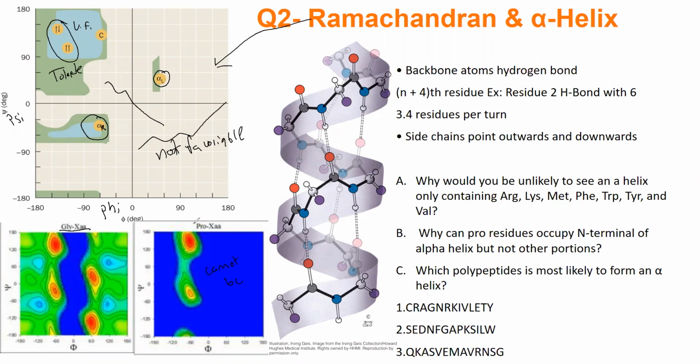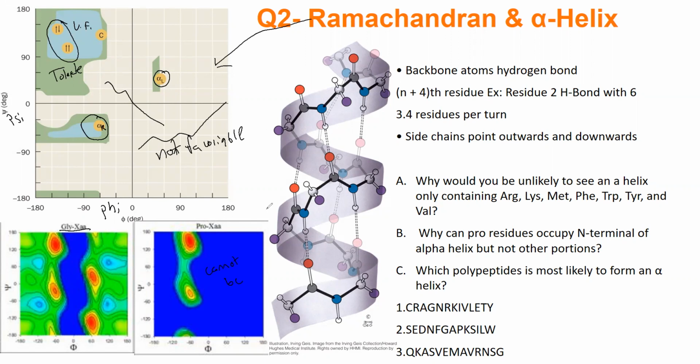Proline has a lot less flexibility than glycine, which makes sense. Glycine is the most flexible amino acid because it just has a side chain of hydrogen. So you can adopt many different phi and psi combinations. Proline is bound to its own backbone, so very few phi psi combinations. Right, so that's what a Ramachandran is.